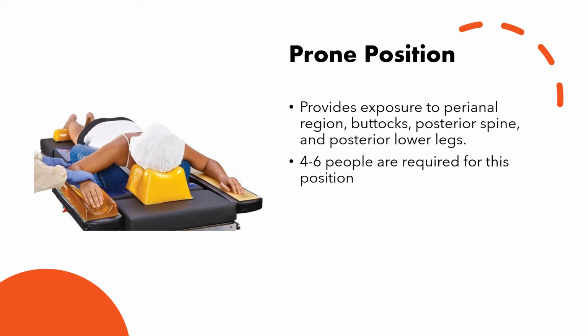We want to make sure that the breasts are positioned within the hollow that is formed by the 2 lateral chest rolls. If it is a male, we want to make sure that the genitalia is positioned on the midline in such a way that there is no impingement or pressure from the table or other padding or positioning accessories.